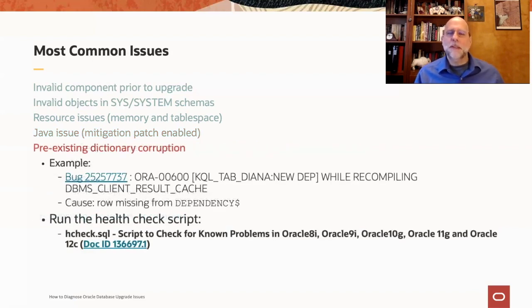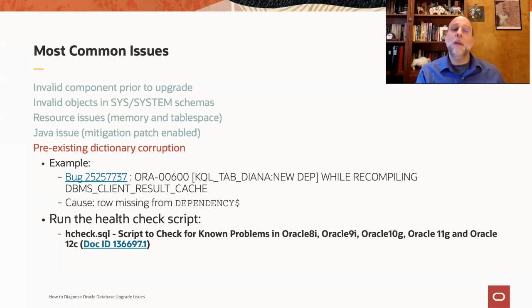And finally, sometimes we do run into pre-existing dictionary corruption in a database. Now, first of all, let me tell you what I mean by dictionary corruption. Dictionary corruption is not the same as, say, disk corruption, which is generally a sector goes bad on disk because it's losing the magnetic properties of the media, or somehow someone put a big magnet too close to your flash memory and it's corrupted it there, or something like that.